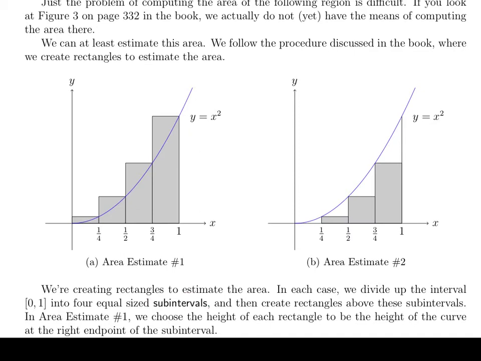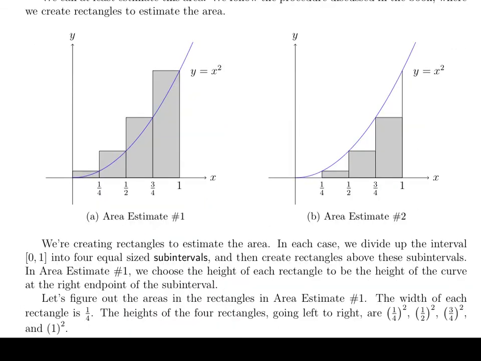So let's just take this subinterval here. How do we make the corresponding rectangle? Well, the height of the rectangle is based upon the height of the curve at the right endpoint, which is 3/4. So we put 3/4 into the function to figure out how high we should go to make the rectangle.